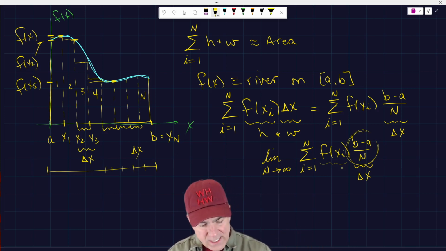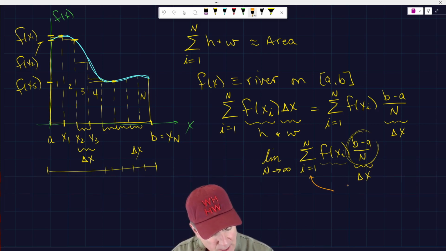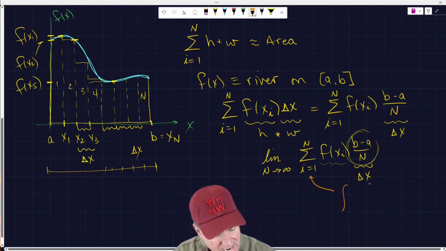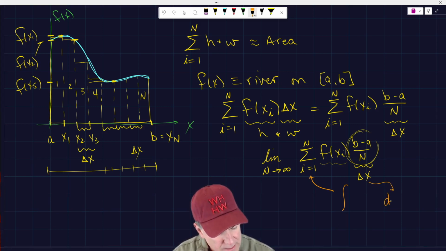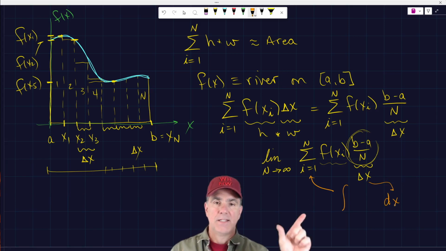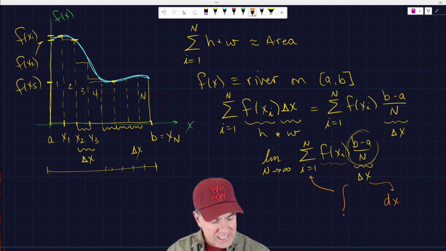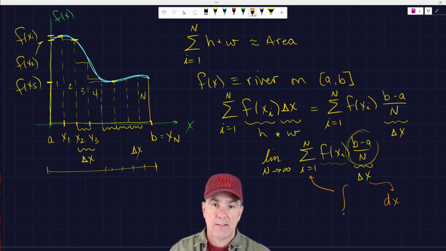But where this ends up going is this summation sign becomes the integral sign, and the delta x becomes dx. The delta x shrinks down and approaches 0. That's what dx is. And the integral sign is literally the summation sign. It is the capital sigma, and it's been elongated, and it stands for summation.